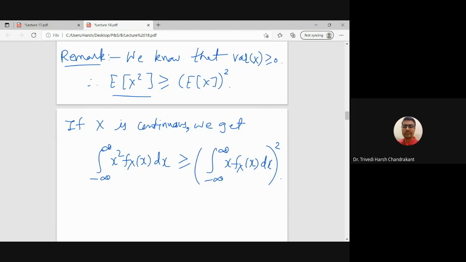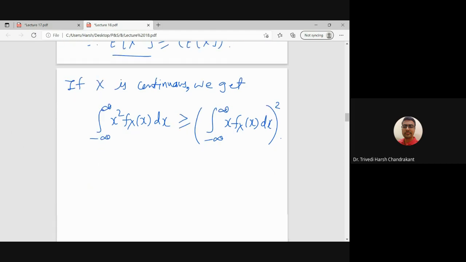What is actually happening here? If we call f_x the weight of the integration, then if the integration of x square is finite, then the integral of x is finite. So this is a special case of Jensen's inequality.